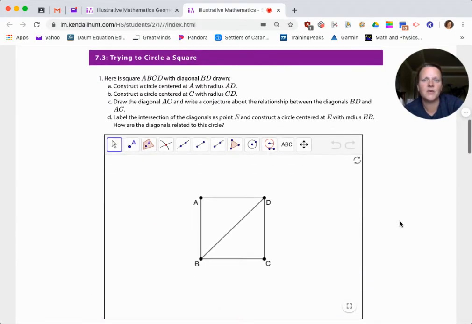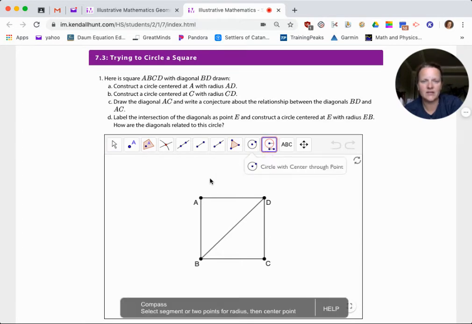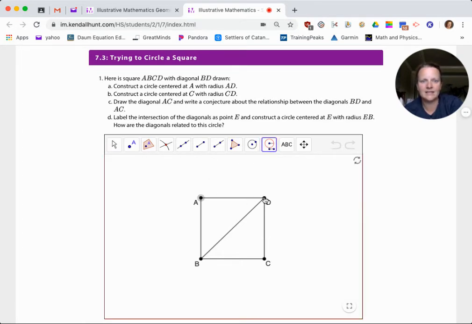All right, so now we are going to try to circle a square. So here's a square with a diagonal BD. Construct a circle centered at A with radius AD.